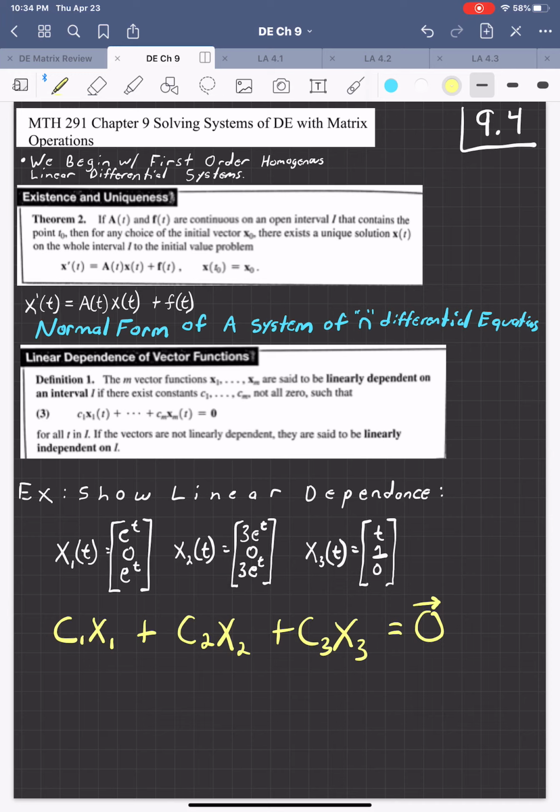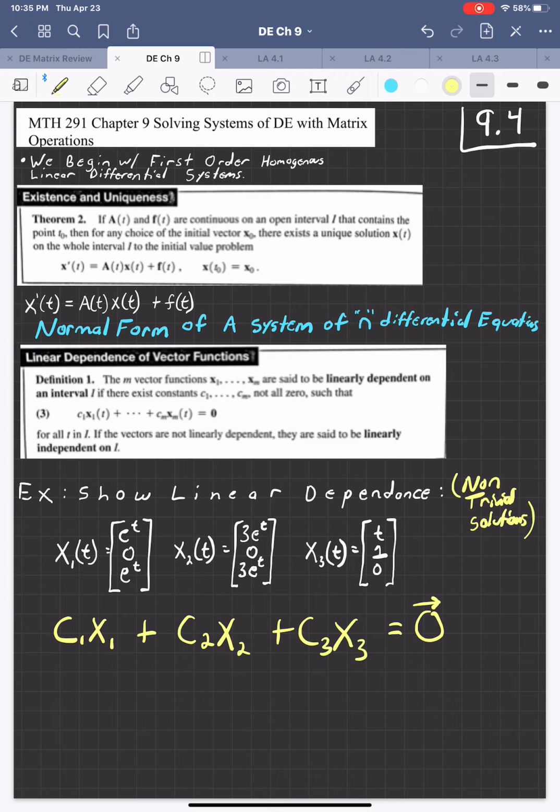That's a 0 vector. Now the question is, if we want to show linear dependence, there should be more than just one way to get to 0, more than just the trivial solution, right? So we should have non-trivial solutions.